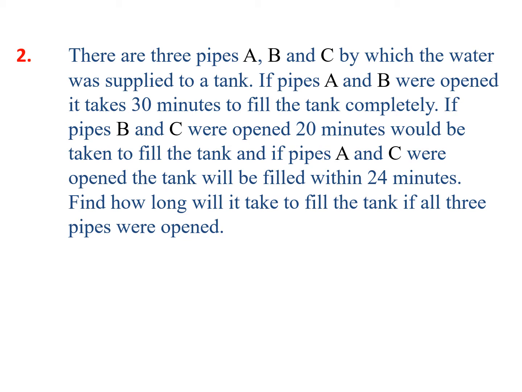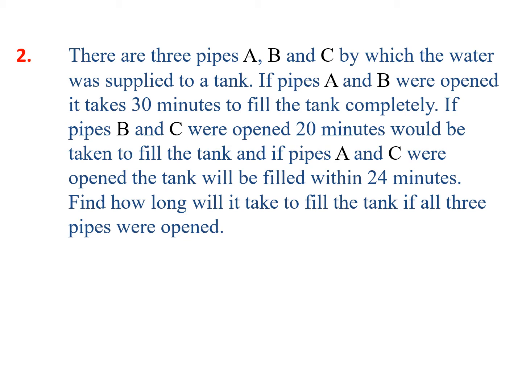Now, if 30 minutes are taken to fill the tank when pipes A and B are open, that means within 1 minute only 1/30th of the tank will be filled by pipes A and B. If pipes A and B are open, within 1 minute the fraction that will fill the tank is 1/30th.